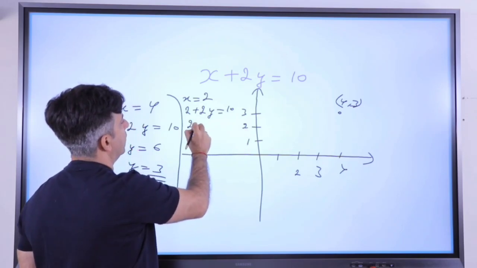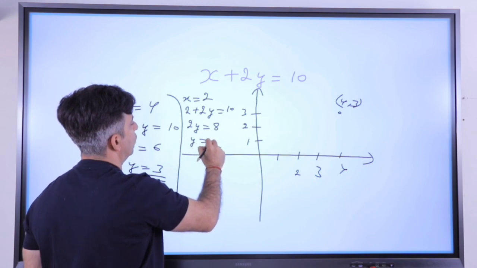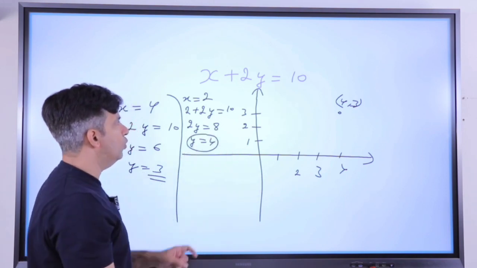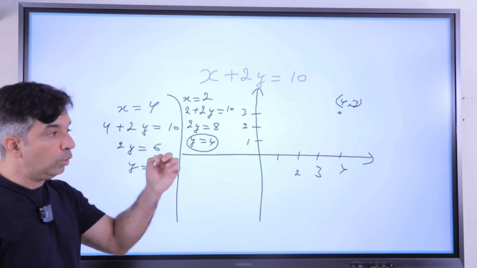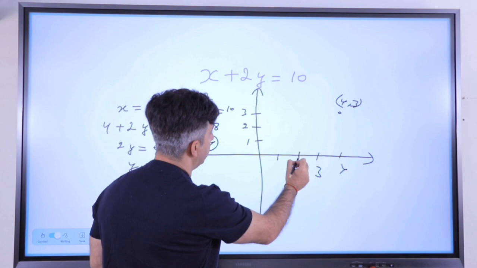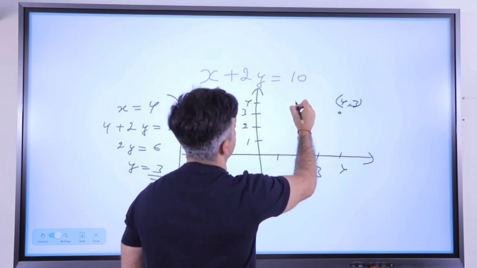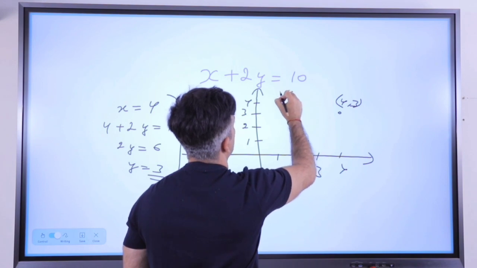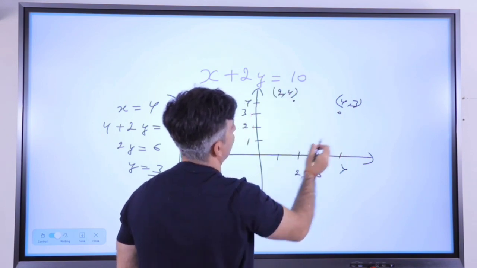So 2y is equal to 8 and y is equal to 4. So when x is 2, then y is 4. So the point is 2, 4: 2 on the x-axis, which is here, and 4 on the y-axis, which is here. So 2, 4 is somewhere here. So this is 4, 3 and 2, 4.